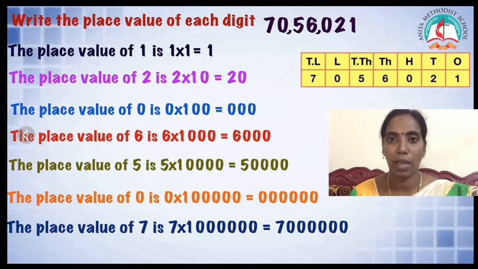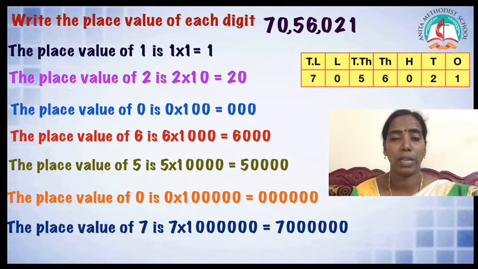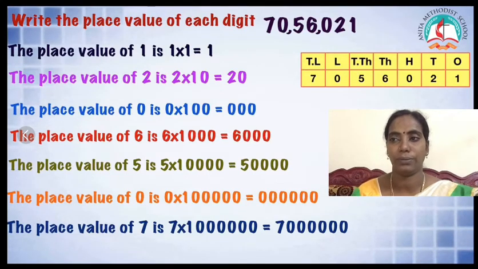Do you understand how to write the place value? Where the digit is located, that is the place value of that given digit. Okay. So ones, tens, 100, 1000, 10,000, lakh, 10 lakh. You have to keep that in your mind and then find the place value.